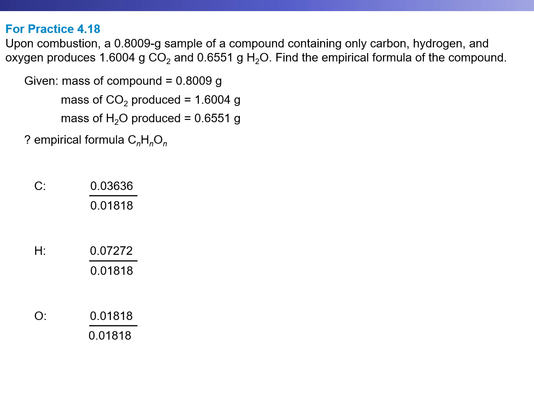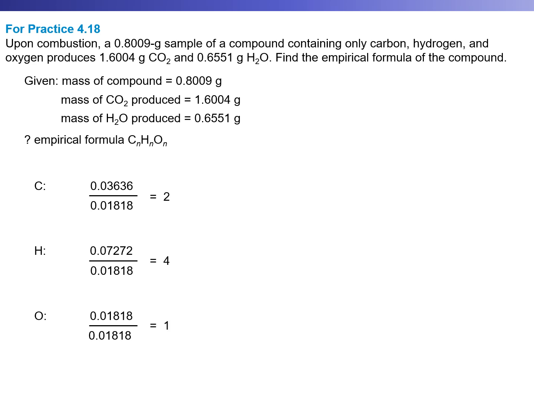And when we do the math, we see that when we divide 0.03636 by 0.01818 for carbon, that's going to give us a value of 2. When we take 0.07272 and divide it by 0.01818, that's going to give us a value of 4. And of course, dividing 0.01818 by itself is going to give us a value of 1.